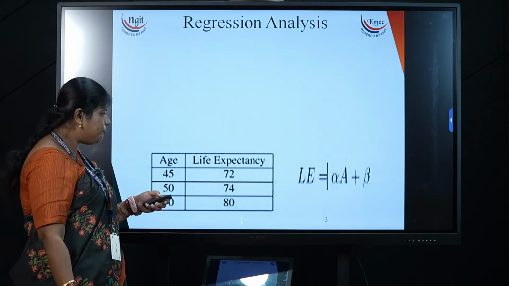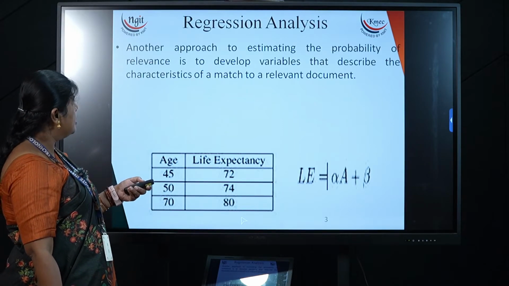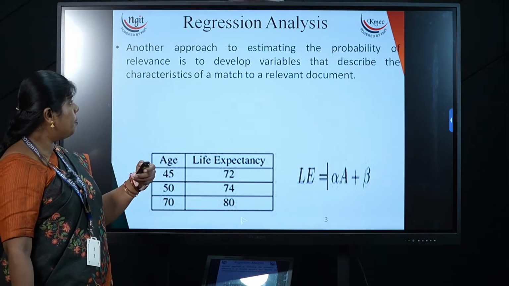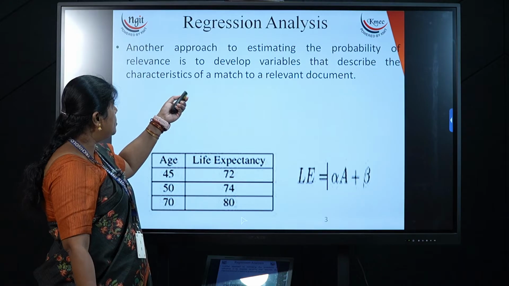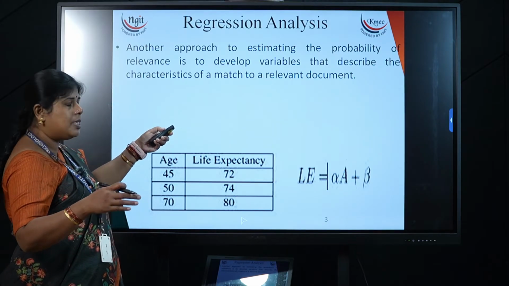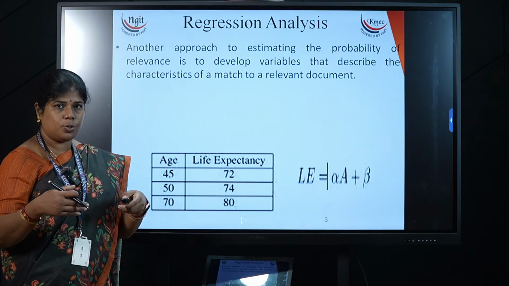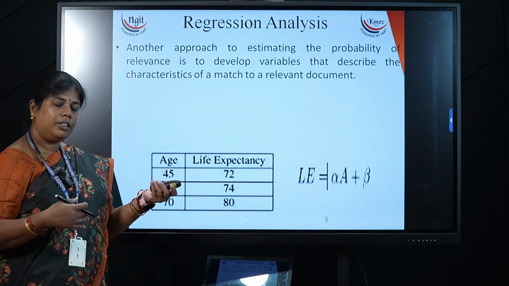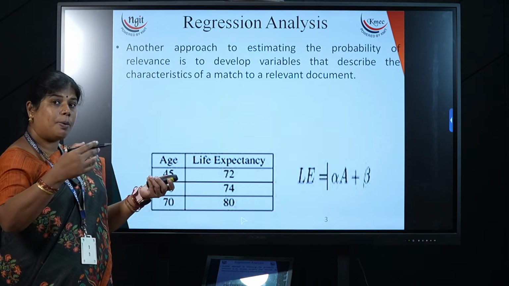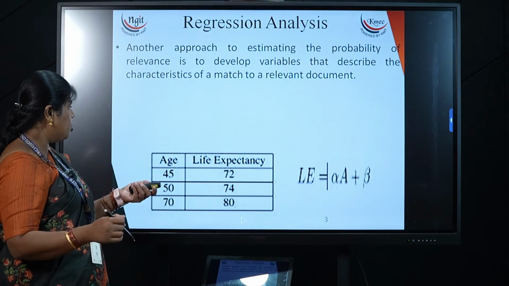Now let us see what regression analysis is. It is finding the probability of relevance between your documents, meaning whatever query is posed by the user and whatever document is returned as an output to the user, what is the probability of the relevance that it is going to find out.